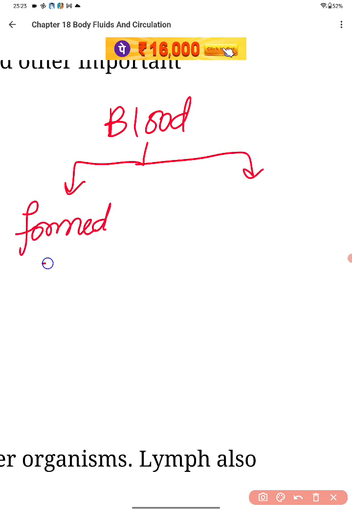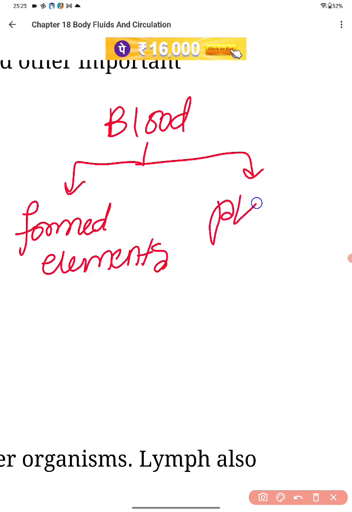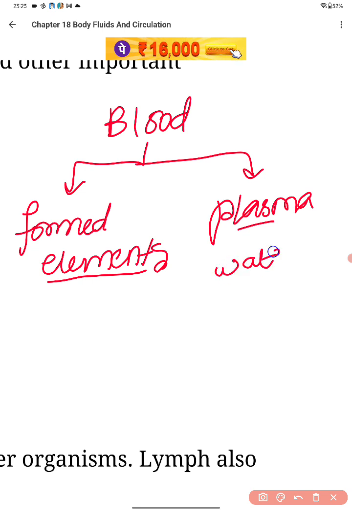WBC, RBC, platelets, and then there is plasma. Formed elements are the cells, plasma is the fluid. Plasma consists mostly of water, and it consists of proteins and nutrients.